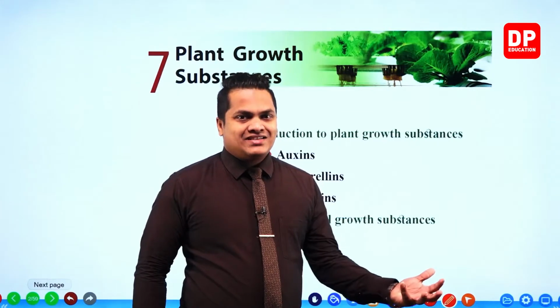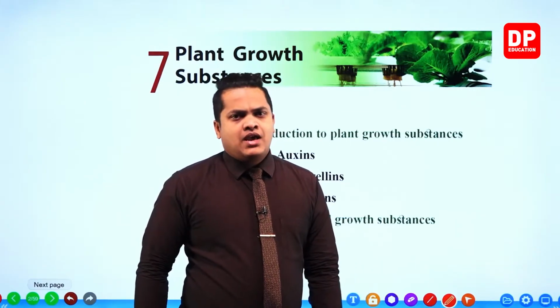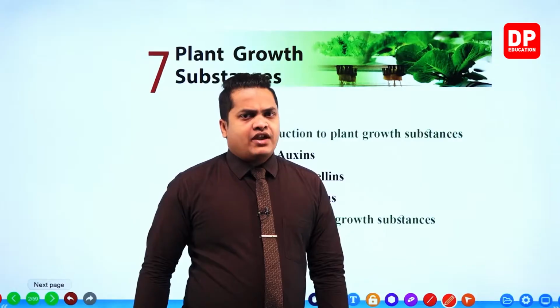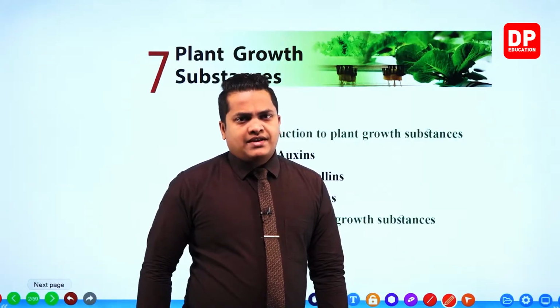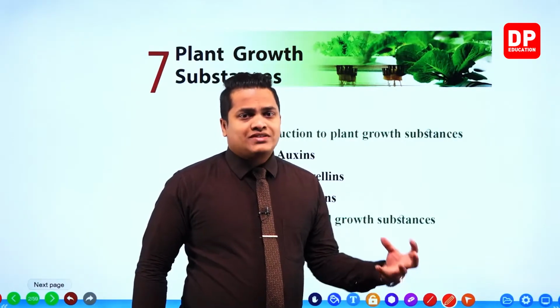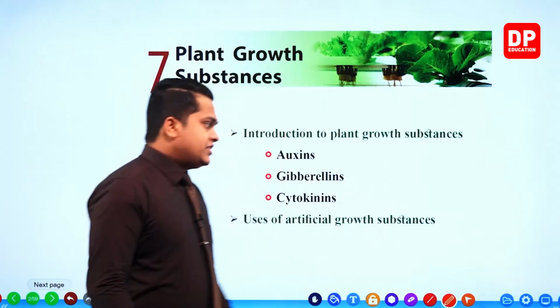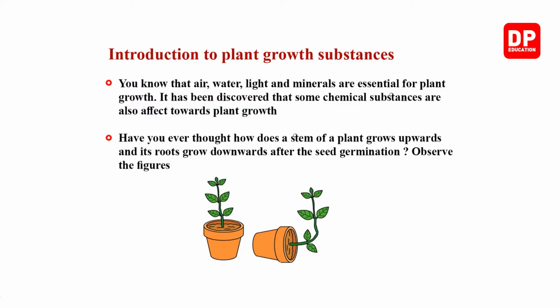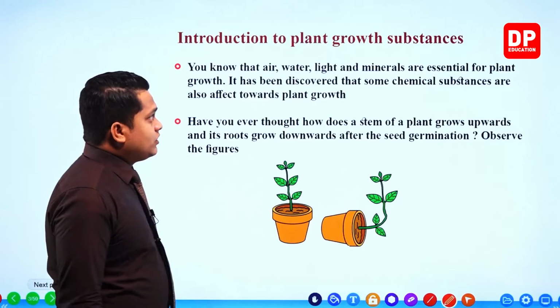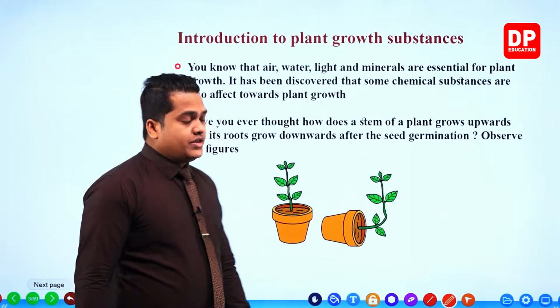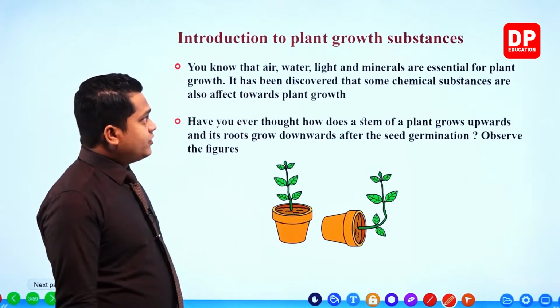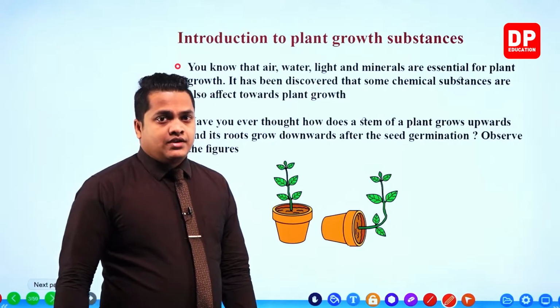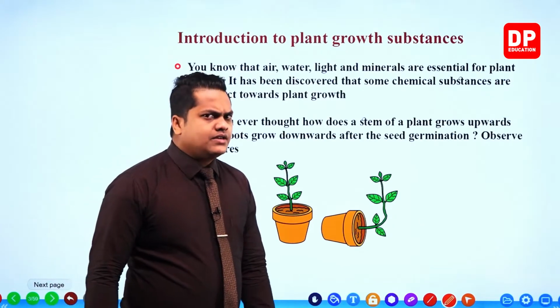Already you know that it is a type of chemical substance, right? But however, we'll identify what we mean by a growth substance here. So let's see what we mean by a growth substance of a plant. Here it is given, an introduction to plant growth substances. A simple introduction. So let's see what the contents are.